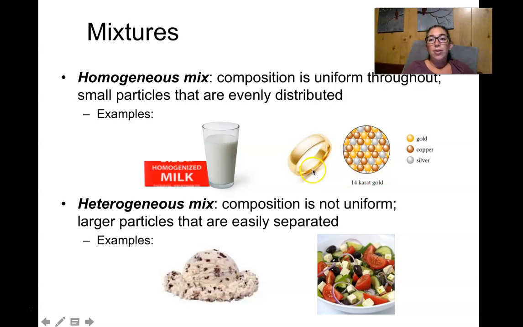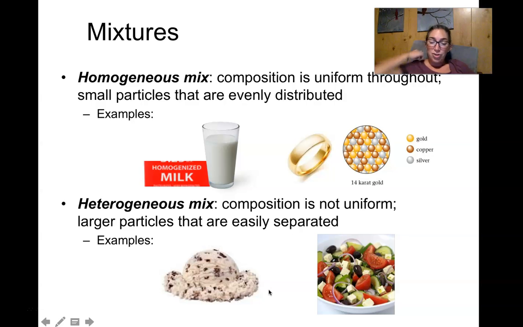So not pure gold, but gold and copper and silver potentially mixed together. That's what 14-karat gold is. It's not pure gold. But it looks pure. It looks uniform throughout, unless you looked at it through an electron microscope, or I don't even know what tool you use to look at the different atoms.